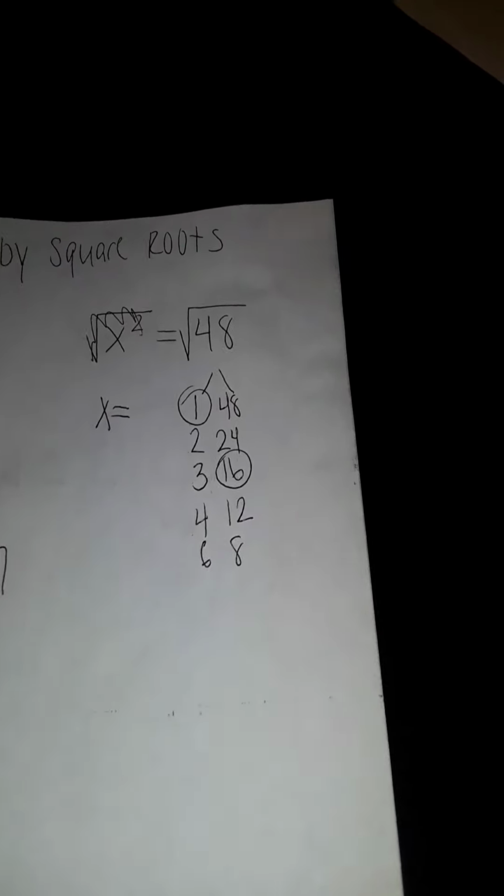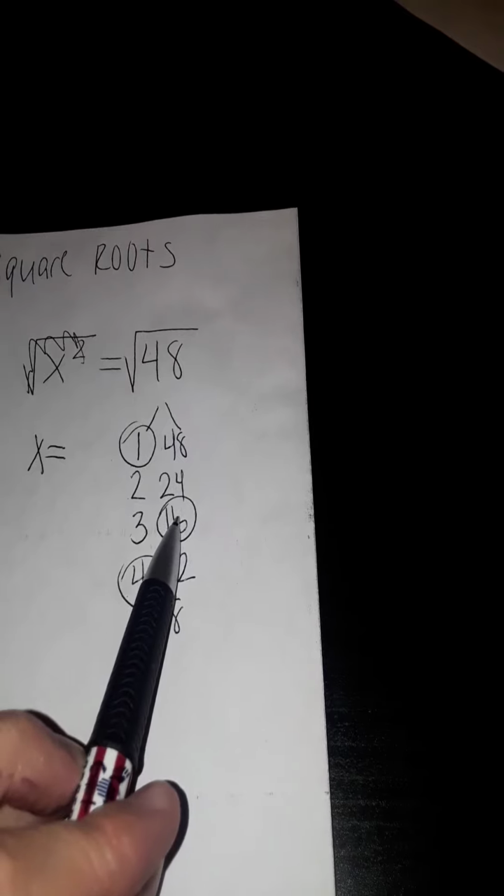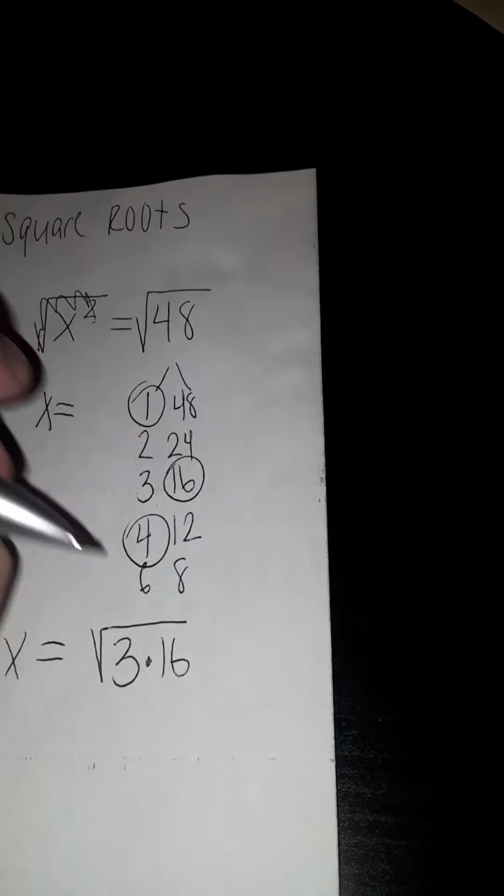Here's what I'm going to look for, perfect squares. Know those perfect squares. Which combination am I going to pick? 1 and 48, 4 and 12, 3 and 16. Which one has the highest perfect square? 3 and 16. Remember, when you're doing this, you want to factor as much as possible so you can use the largest perfect square.